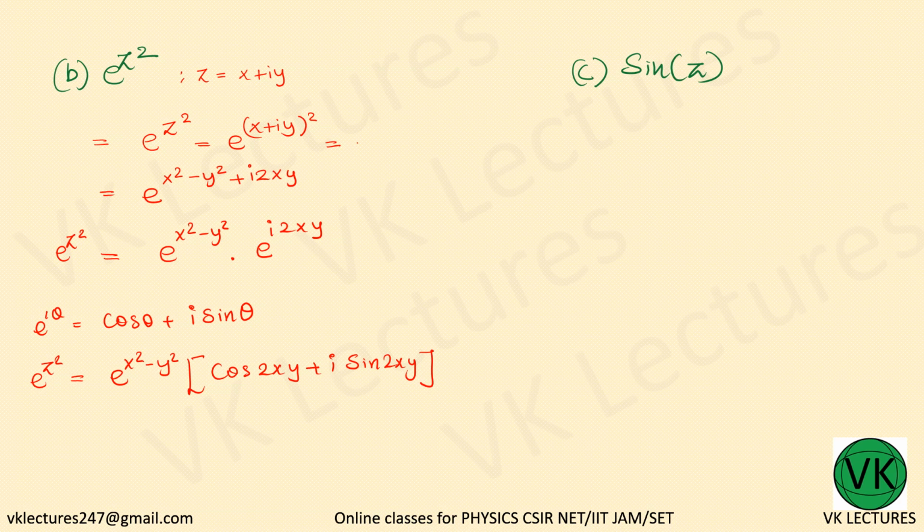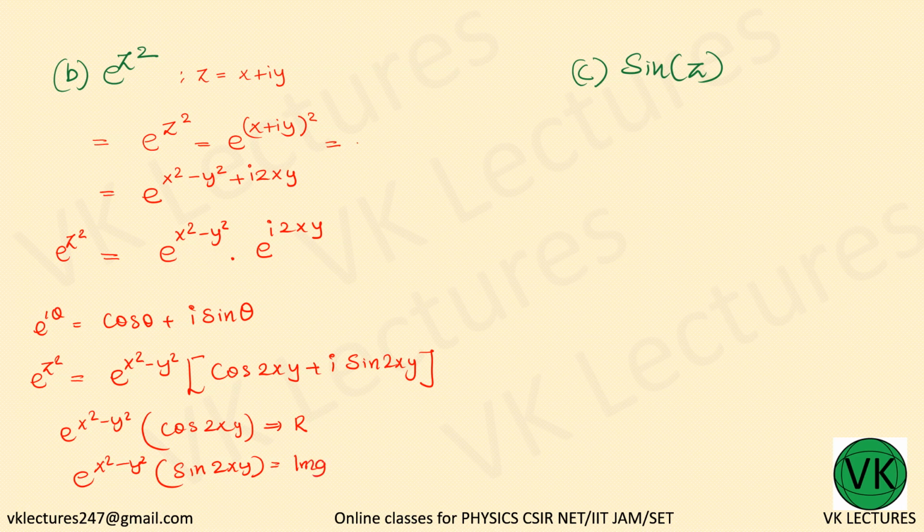Now e to the power x square minus y square into cos of 2xy is the real part, and e to the power x square minus y square into sin of 2xy is the imaginary part.